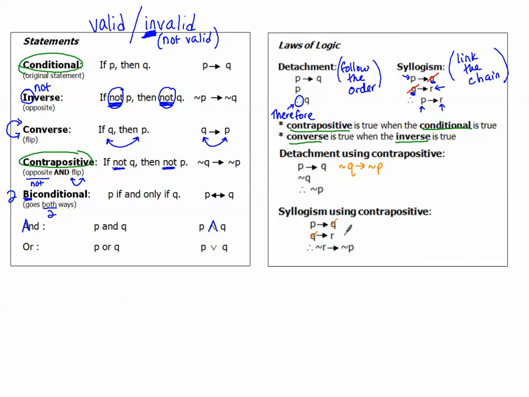So what we could conclude after this is that P has to go to R. That's what we would get from this. P goes to R. But remember, the contrapositive is also true. So instead of writing this, I could flip it around and put the nots. Squiggly R, then squiggly P, or not R, then not P, which is why this is a valid conclusion.